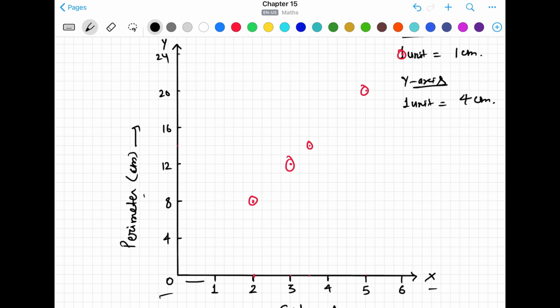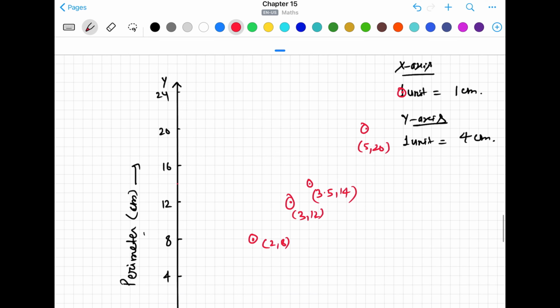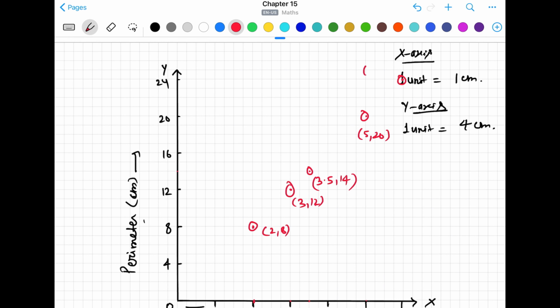Okay, let's label the coordinates. We have (2, 8), this is (3, 12), this is (3.5, 14), this is (5, 20), and the last one is (6, 24). Now we are going to join these points to check if they form a straight line.